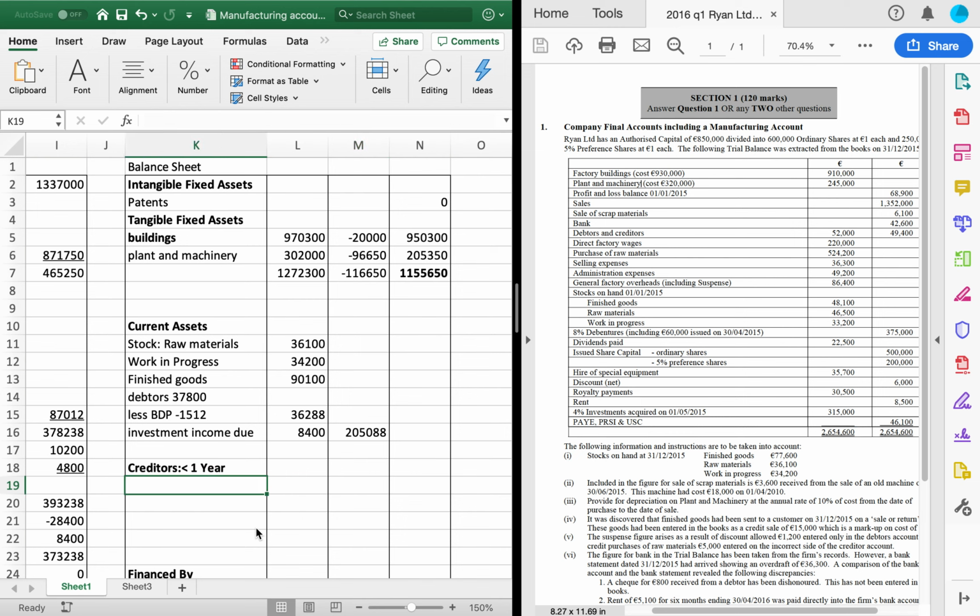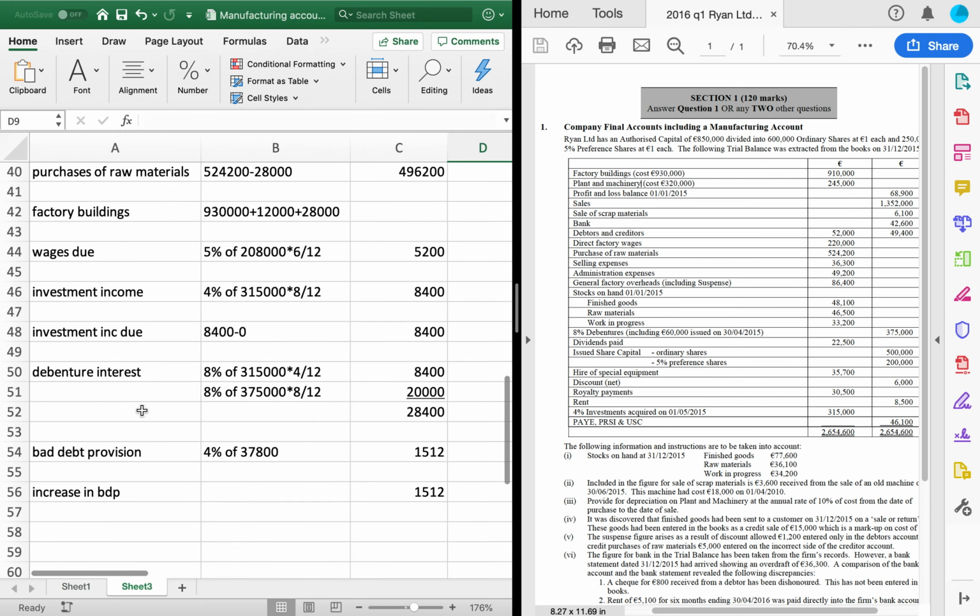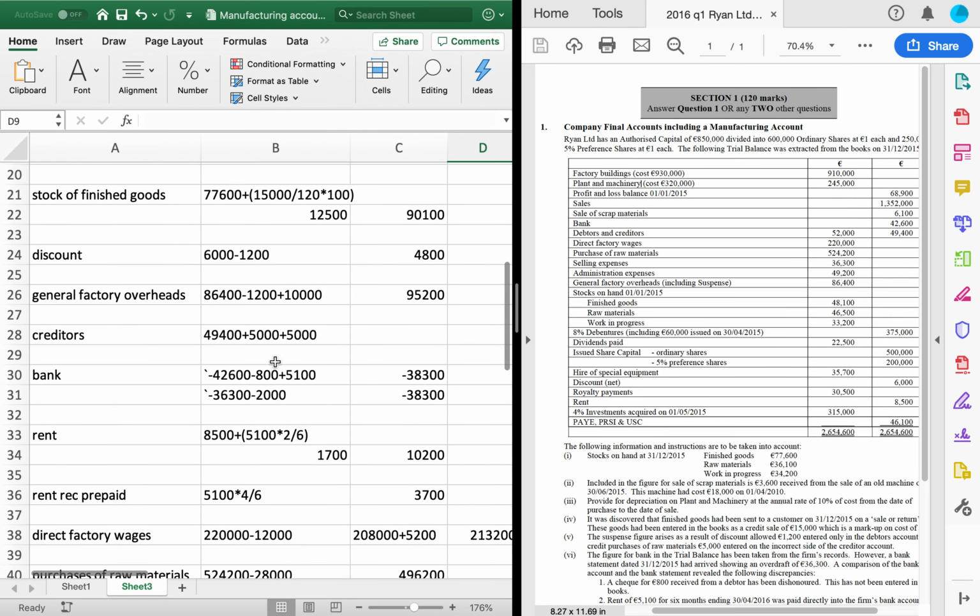Your current liabilities. Well, we definitely have our creditors, so they're the ones we always have. Creditors, bank, we know we'll have that. We know we've rent prepaid. So it's rent received prepaid and wages due. They're the ones I know off the top of my head, so we'll get those numbers in. So creditors, there was a working involved on creditors. So it's 59.4.